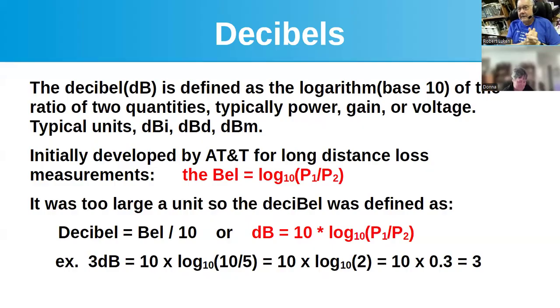Well, it turned out it was too big a unit, so they invented the decibel, which is a tenth of a bell. So that's why when we do a decibel, we wind up with 10 times the log base 10 of the ratio, which isn't intuitively obvious. You would think it makes it 10 times bigger, but it's 10 times smaller.